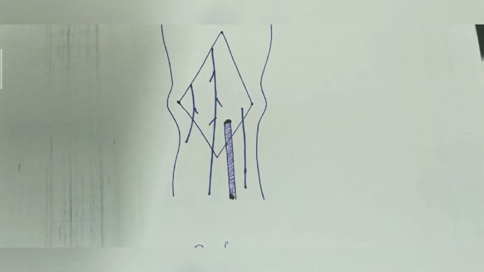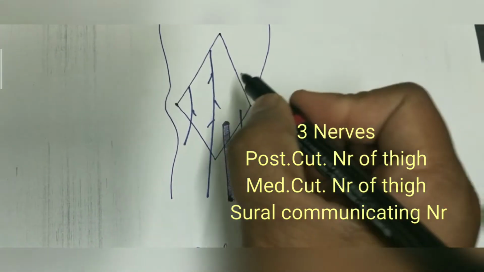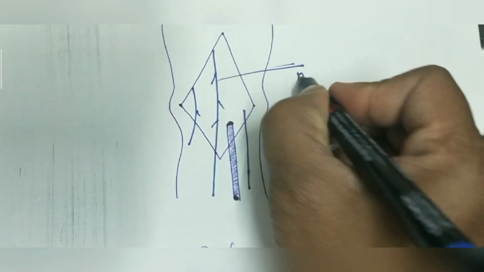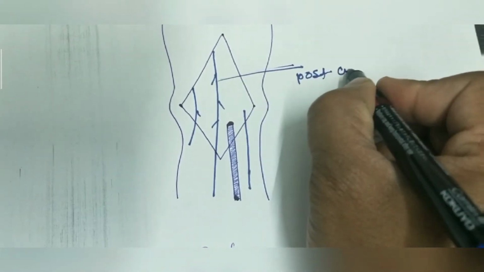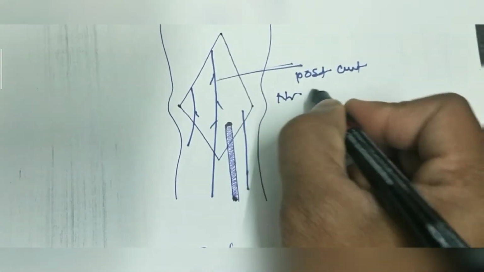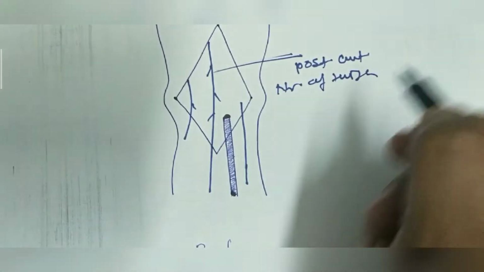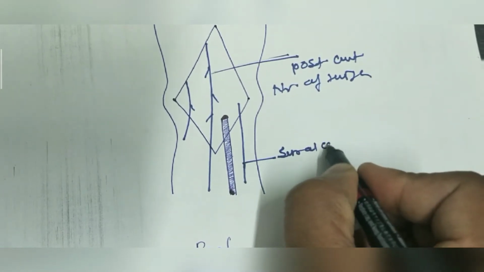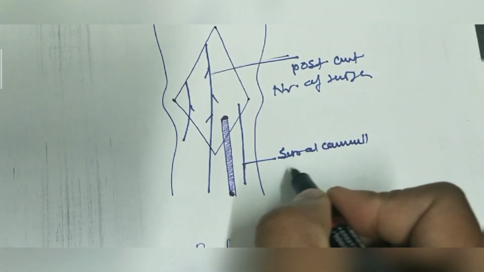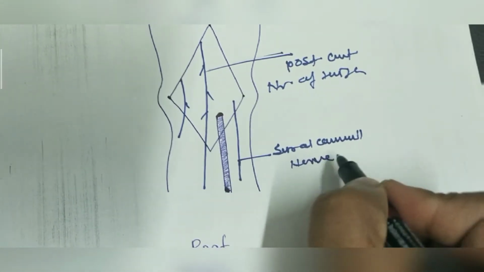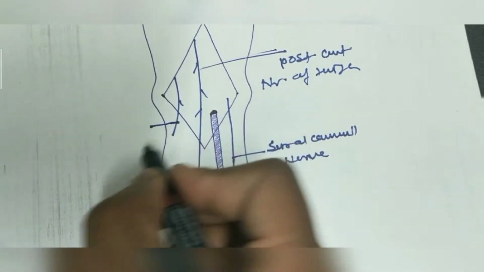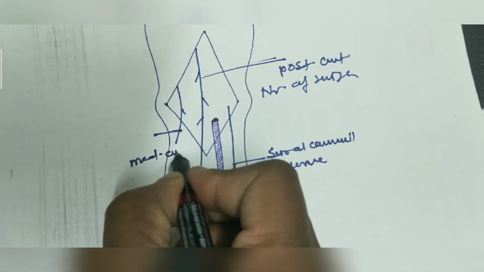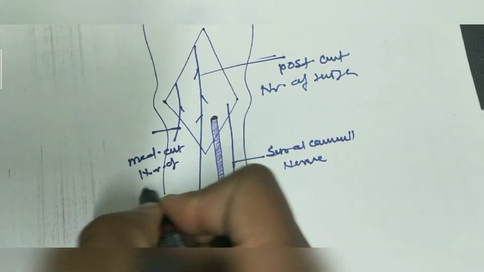The superficial fascia contains three superficial nerves: the posterior cutaneous nerve of thigh, the sural communicating nerve, and the medial cutaneous nerve of thigh.